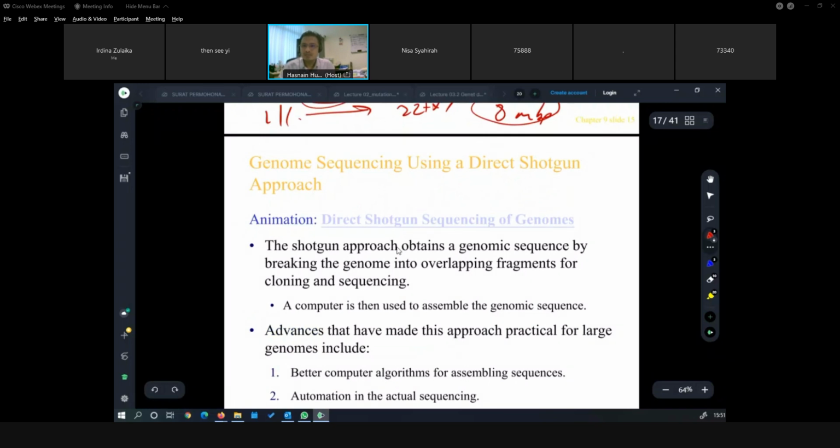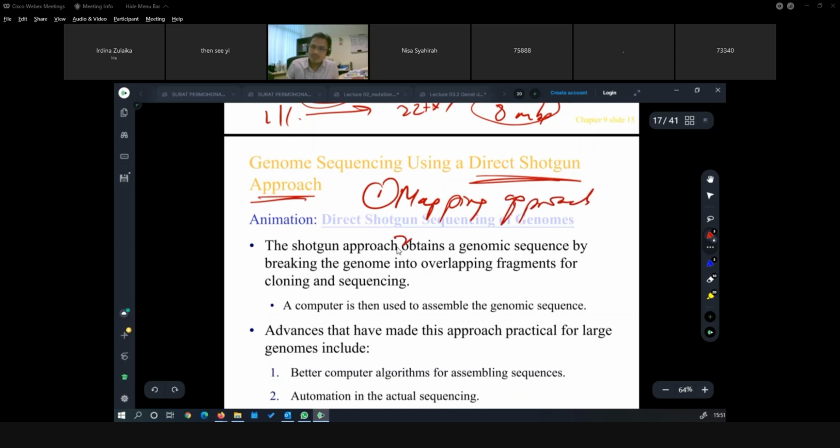All right, the next way to do the sequencing is by a direct shotgun approach. Direct shotgun is the alternative to the mapping approach. So we have number one, the mapping approach, and number two, the direct shotgun way of sequencing.